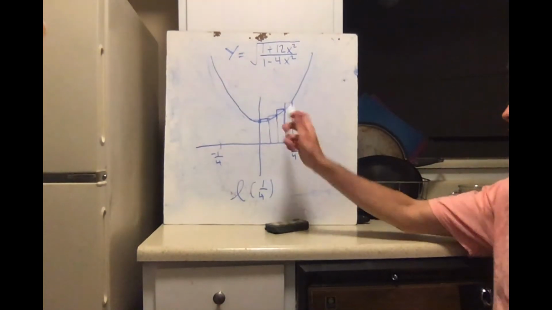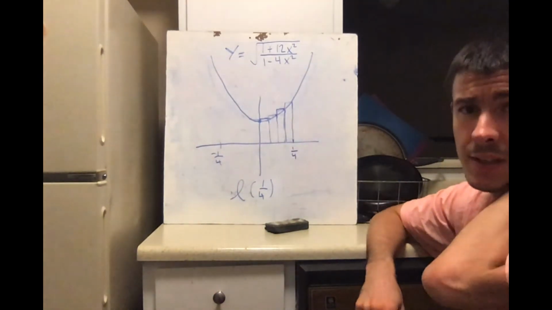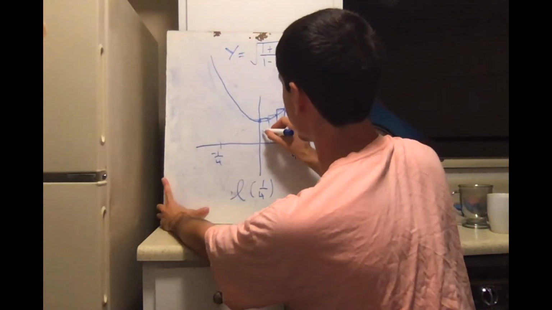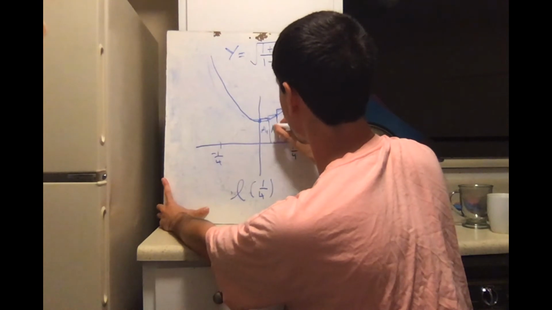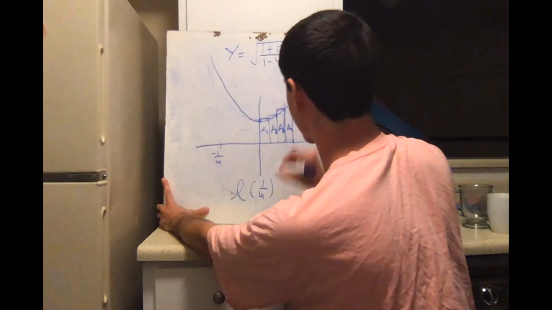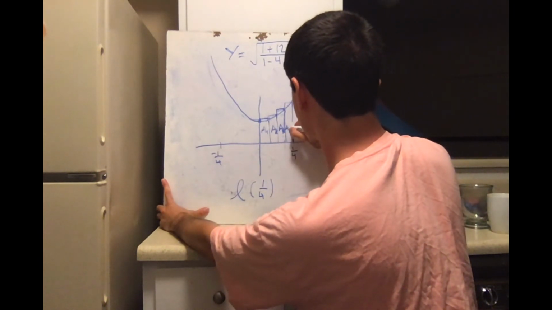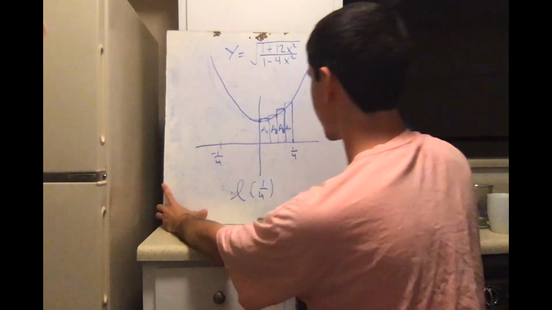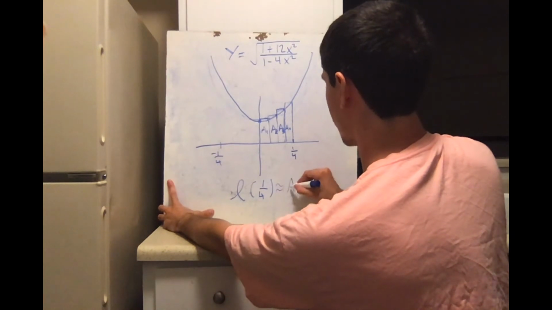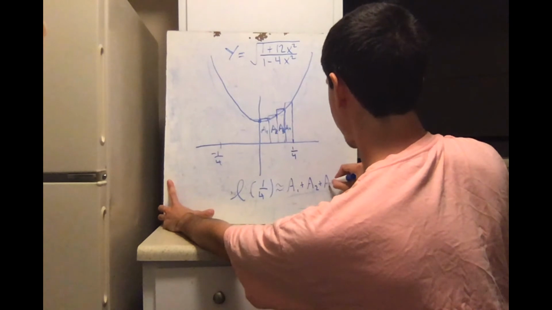You can see, looking at this picture, that the area under the curve here is approximately equal to the sum of the areas of these rectangles. Let's call these areas A1, A2, A3, and A4. Then L of 1/4 is approximately equal to A1 plus A2 plus A3 plus A4.